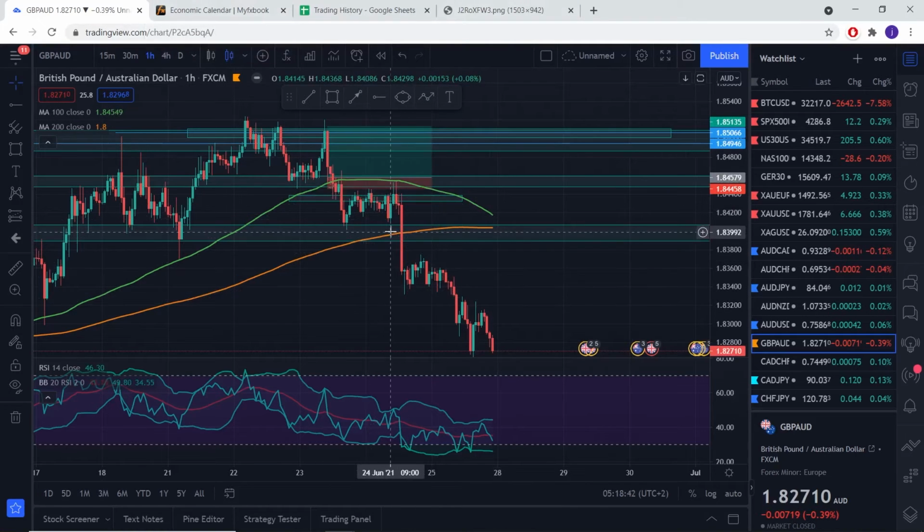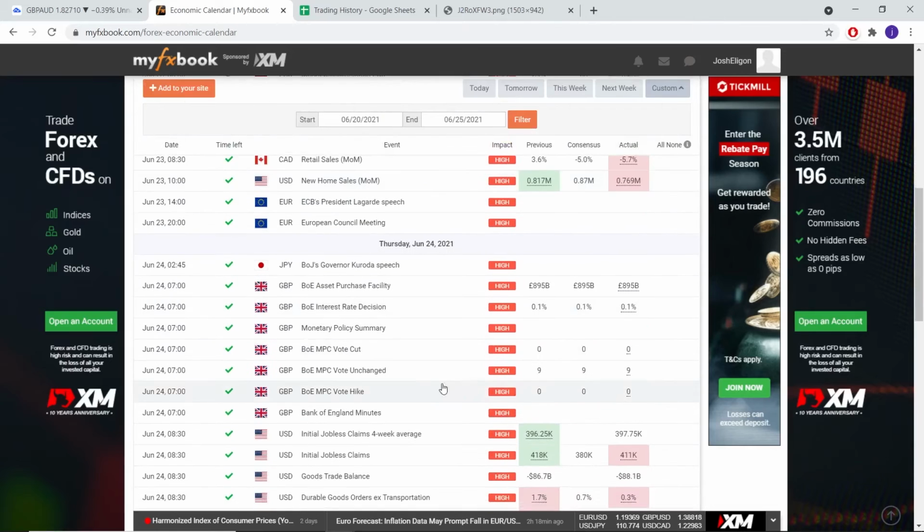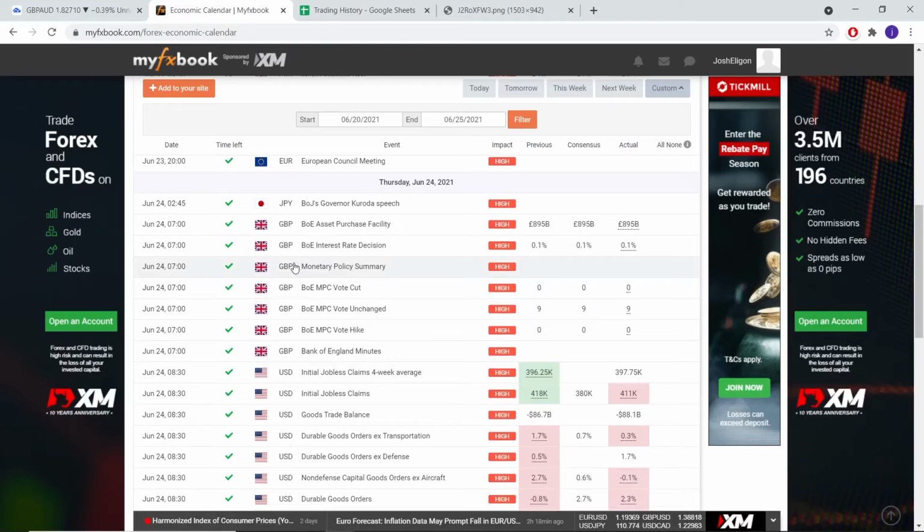We had some GBP news around this time here, which was the 24th. So let's just confirm. Right, yeah, the 24th, we had some GBP news, monetary policy statements, and interest rate decision. As you see, they kept the interest rate the same. The bank wasn't talking anything about tapering or raising interest rates or anything like that.